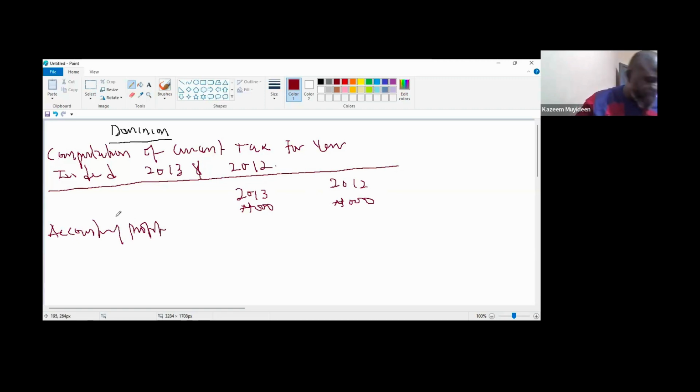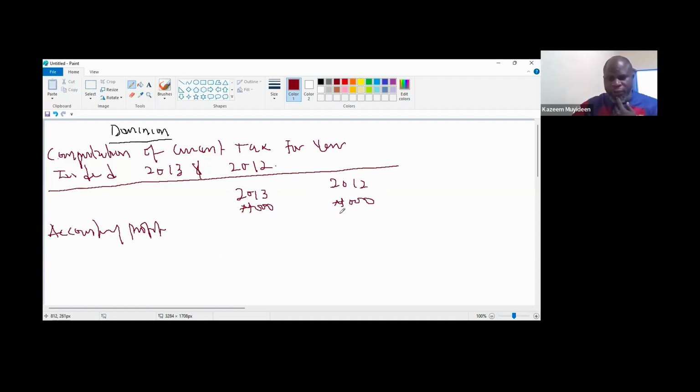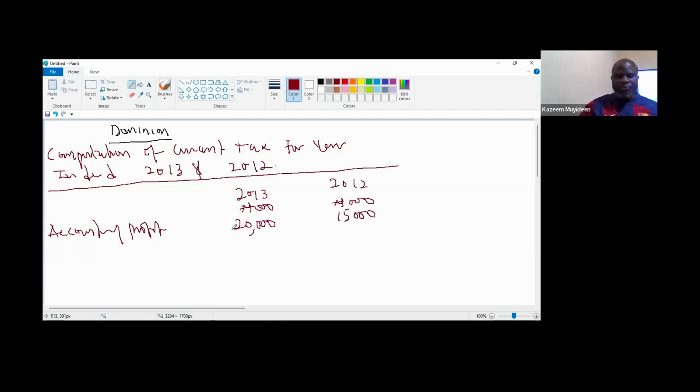What is the accounting profit in 2012? Let's check. 15 million, which is 15,000. Then in 2013 is 20,000. I need to add depreciation. It's a disallowable expense.